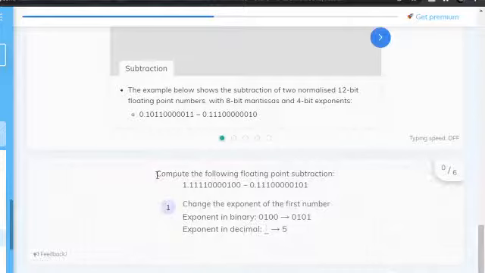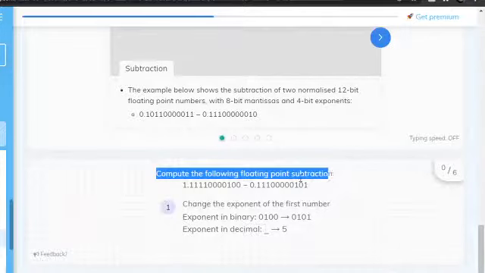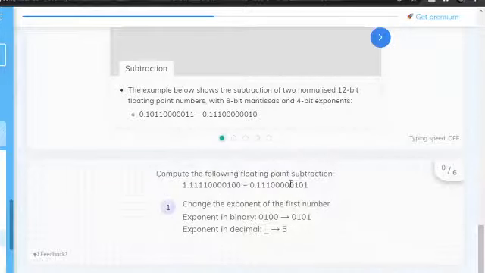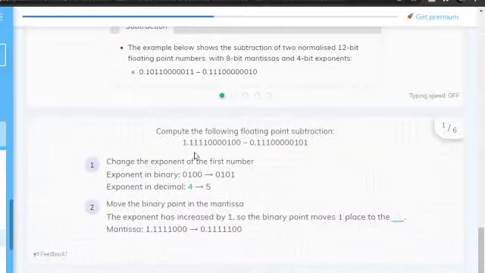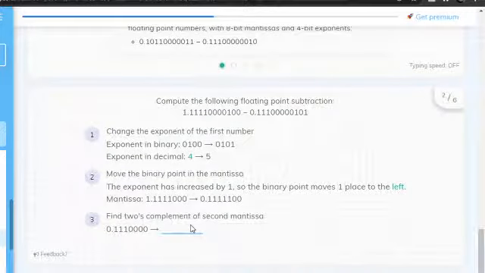So compute the following floating point subtraction. The exponent here is 5 and the exponent here is 4. So you change that from 4 to 5, and then move the binary point in the mantissa. The exponent is increased by 1, so the binary point moves 1 place. If it increases by 1, does it move to the left?